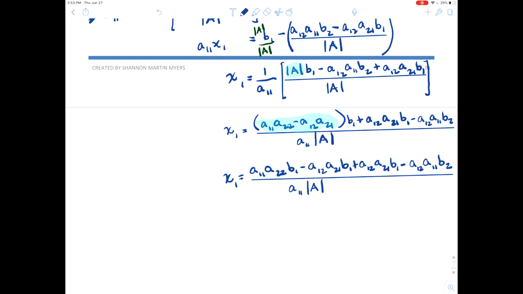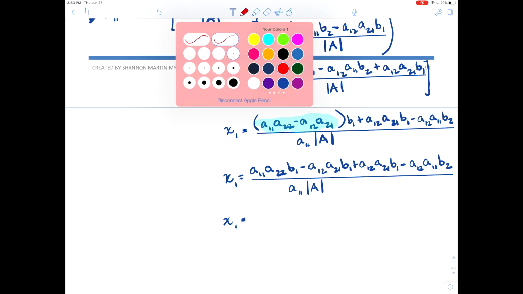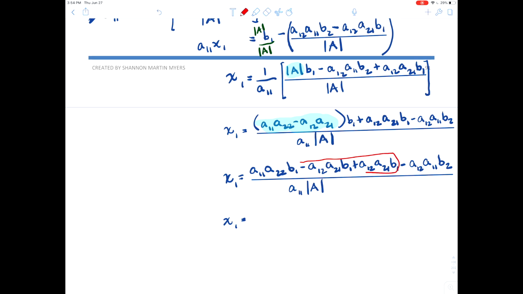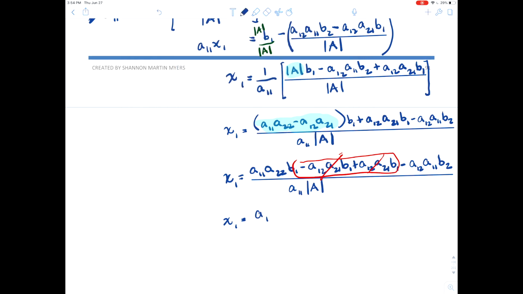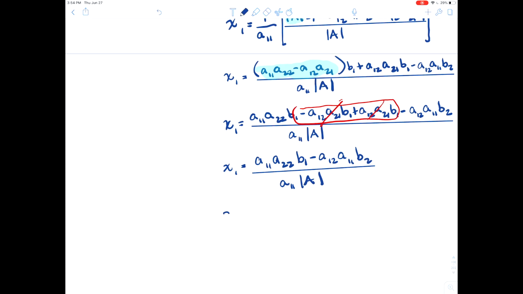All right, don't you just love the algebra? Now, do you see that these two terms are going to zero out, right? So we will have A11 times A22 times B1 minus A12 times A11 B2 over A11 times the determinant of A.